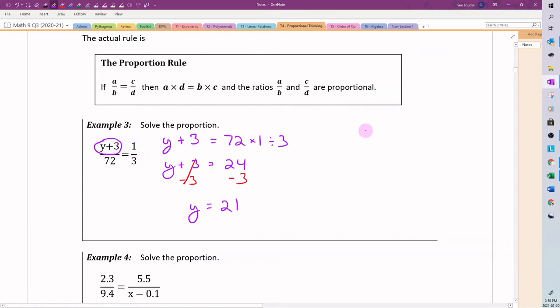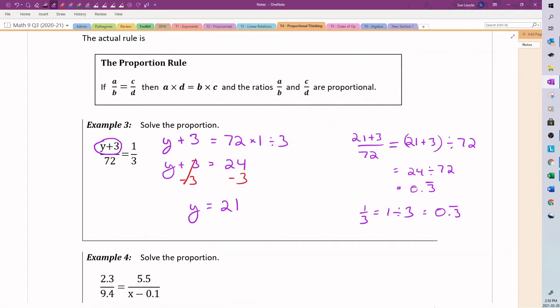So that means that if I have 21 plus 3 over 72, which is the same as 21 plus 3 in brackets divided by 72, which is 24 divided by 72, which is 0.3 repeating, that needs to equal 1 over 3, or 1 divided by 3, which is 0.3 repeating. So basically, if you divide both of your fractions, they need to be equal, okay? And that's how you check your answer.